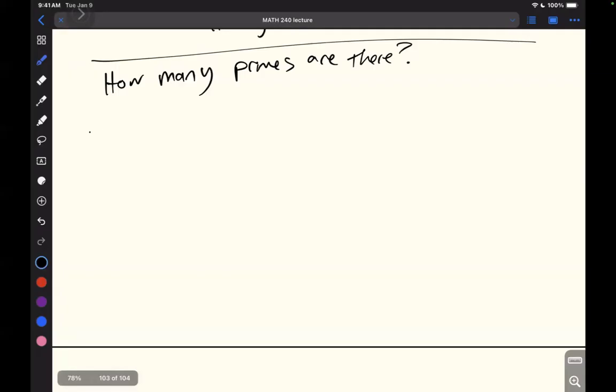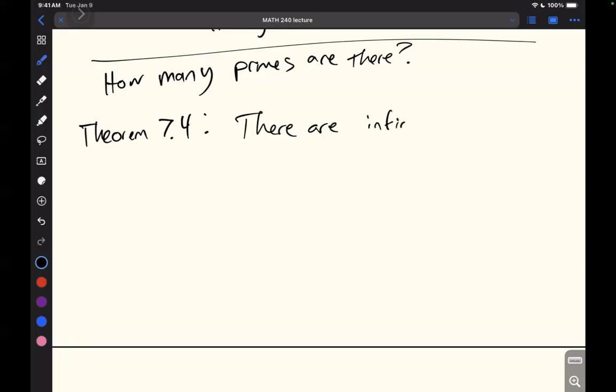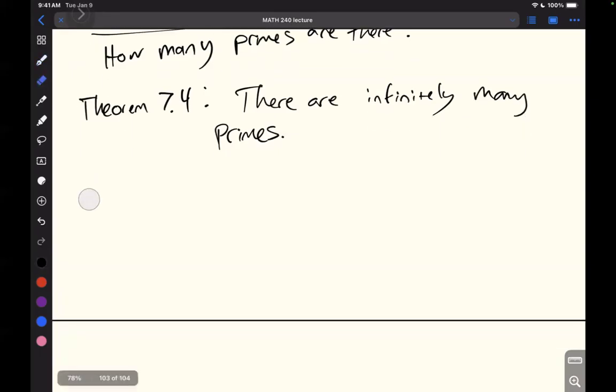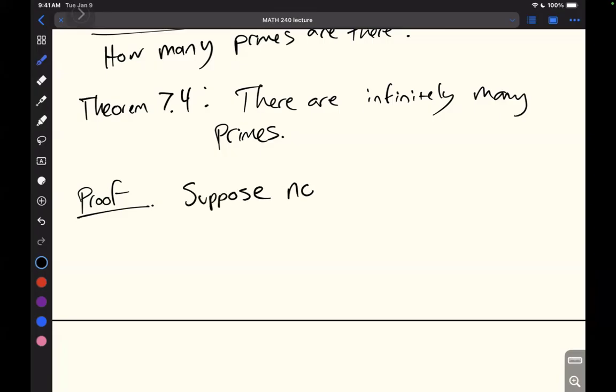Okay, so this is theorem 7.4 in the book, which says there are infinitely many primes. We're going to prove this by contradiction. So suppose not.